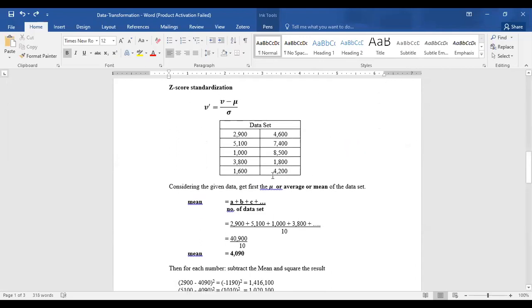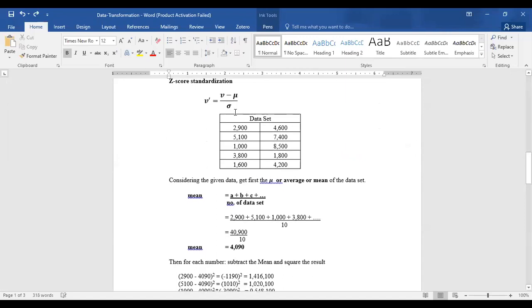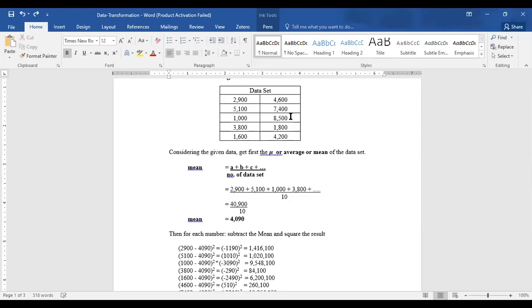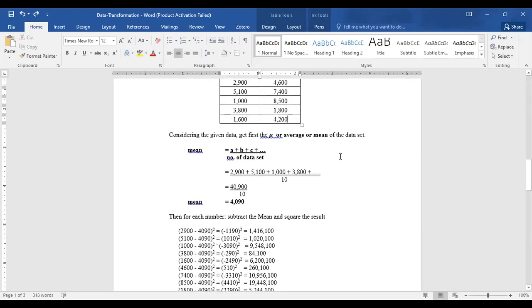Just like what I told you a while back, in getting the Z-score, we first have to get the mean and then the standard deviation. So we consider here the data set: 2,900, 5,100, 1,000, 3,800, 1,600, 4,600, 7,400, 8,500, 1,800, and 4,200. First, we have to get the mean, or the average.